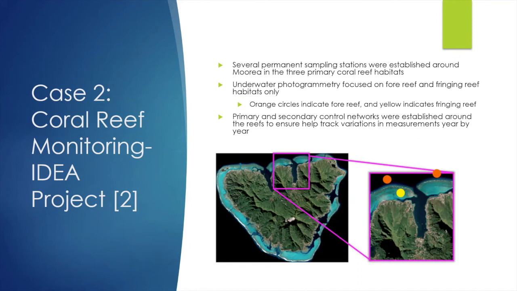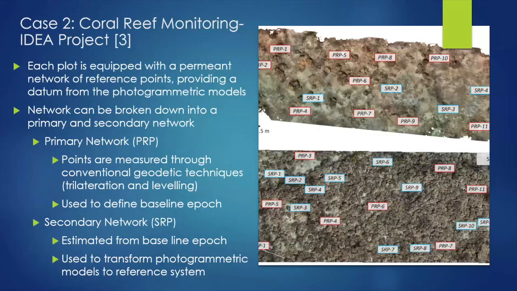Primary and secondary control networks were established around the reefs to help ensure tracking and variations in measurements year by year. So each plot was equipped with a permanent network of reference points, providing detailed data for the photogrammetric models.